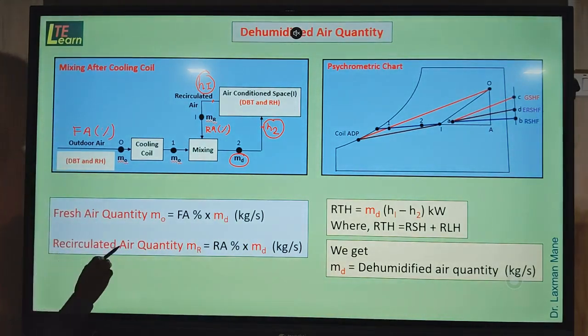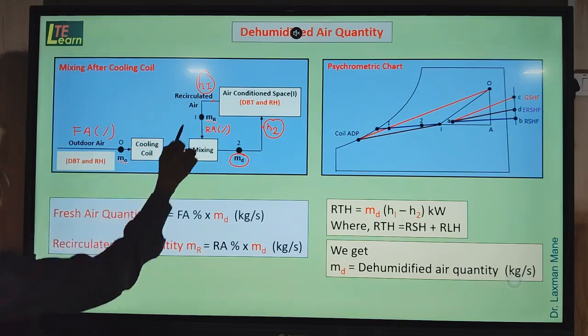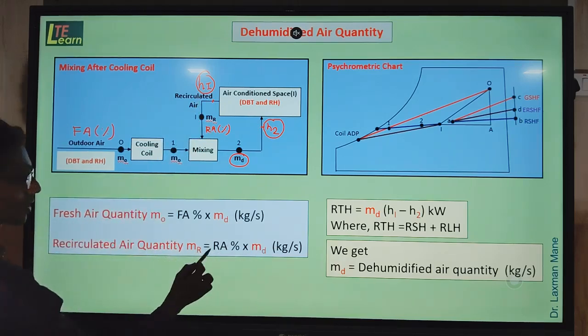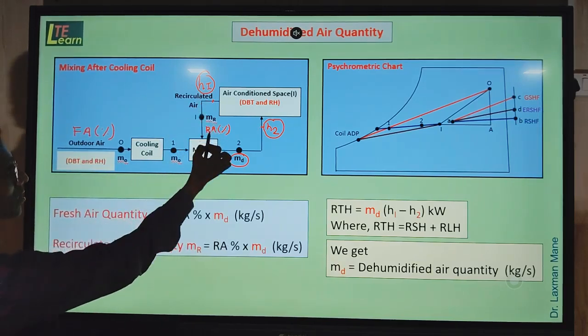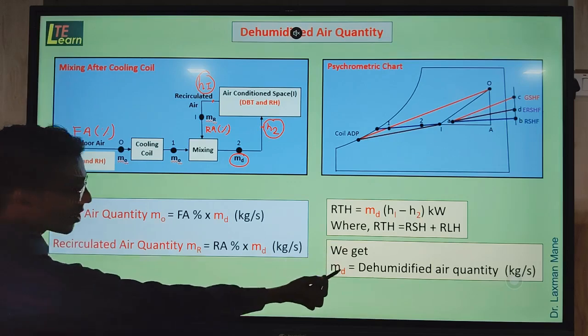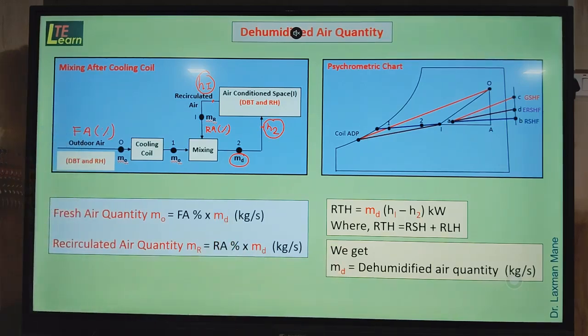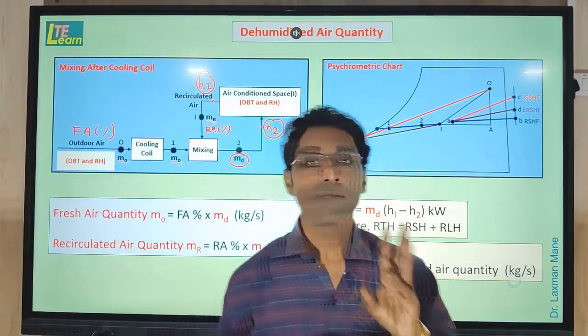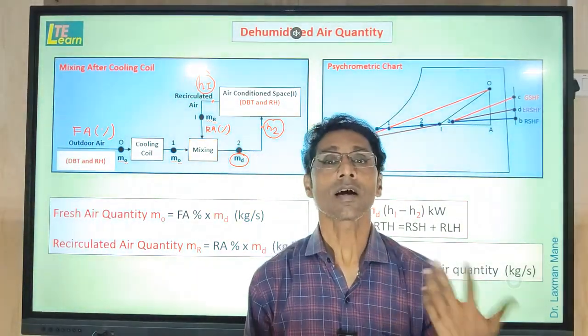Similarly, the recirculated air, meaning the return air quantity in kg per second, we find by multiplying the percentage of return air with the dehumidified air quantity. Thus we find three quantities of air: dehumidified air, fresh air and return air.